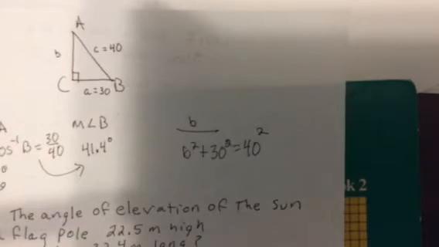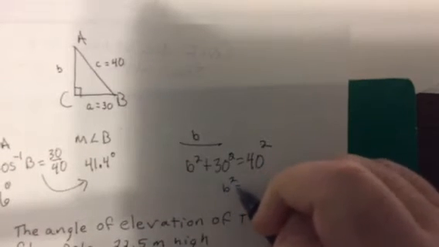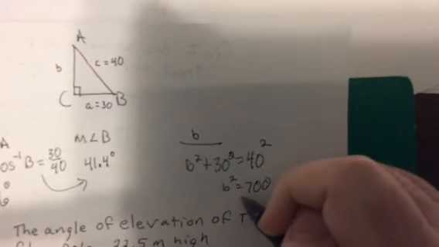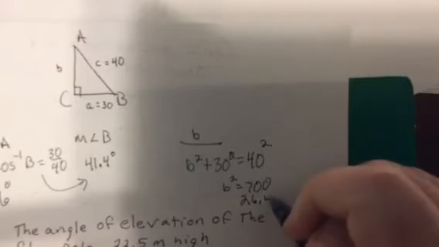So 40 squared minus 30 squared equals 700. Take the square root of 700. And I get 26.45.